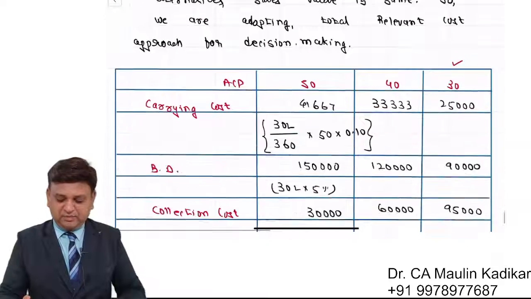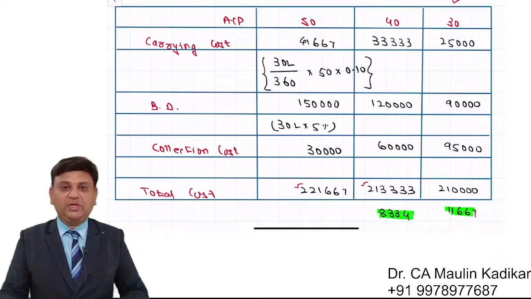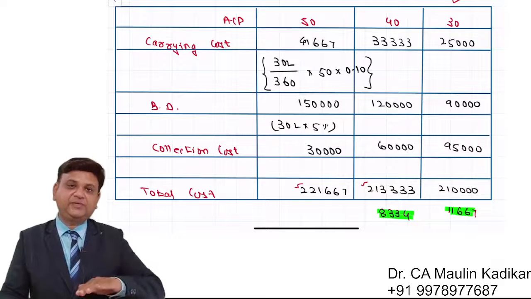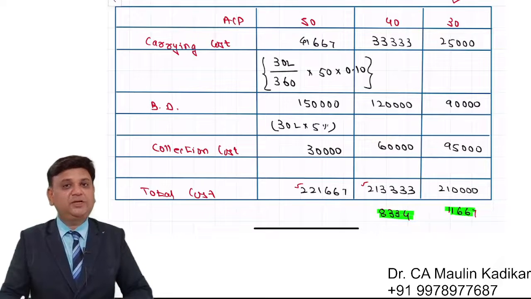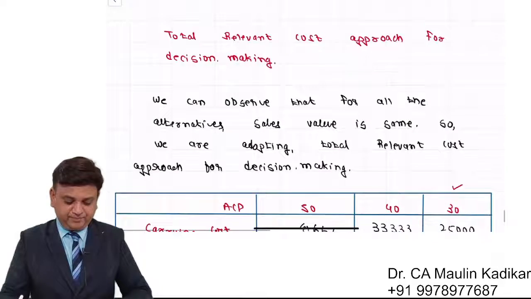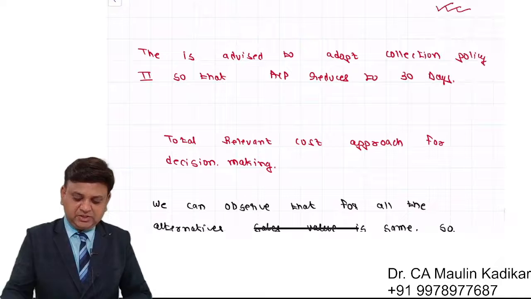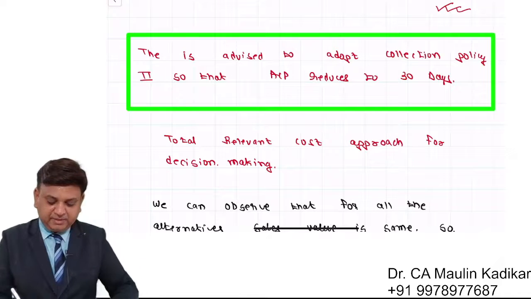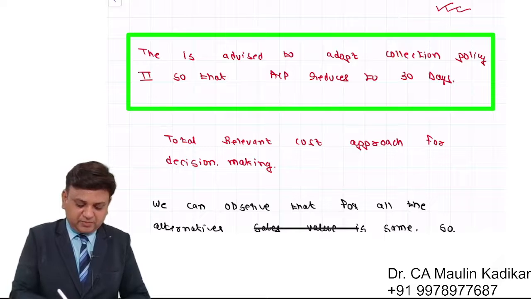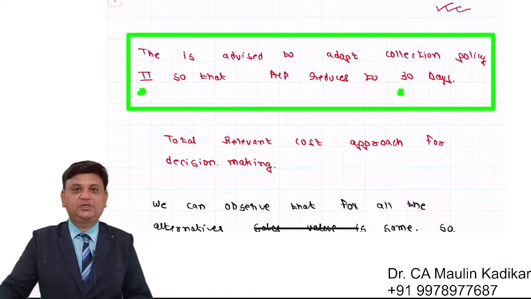So in case of the total relevant cost approach, if nothing is specified, you can do the answer by either method and your answer is definitely going to match. So the decision you are going to give based on this working is the same. The company is advised to adopt collection policy 2 so that the average collection period reduces to 30 days.